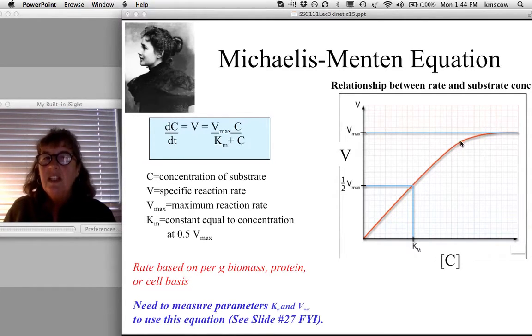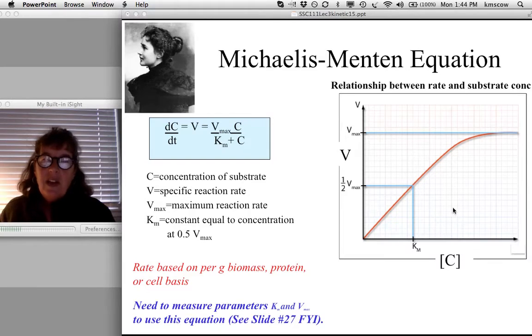It starts to level off and then reaches a maximum rate, which is a parameter called Vmax, which is marked here on the y-axis. That is the maximum rate of that particular metabolism. And this is for this particular organism that's being described, and for this particular substrate under these particular conditions, which are generally ideal conditions where nothing else is limiting for the reaction.